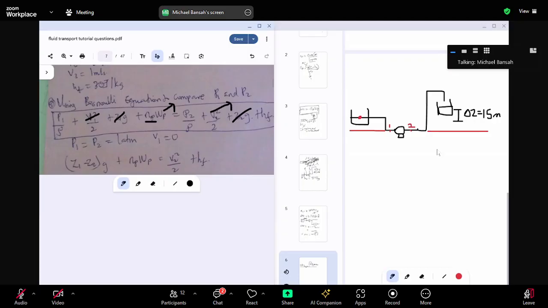I don't know them. HF was given as 30, so I know HF. So how do I find P1, P2? How do I find WP? How do I find V2? There is a way. If I do more than one Bernoulli, I may be able to find some of the parameters.